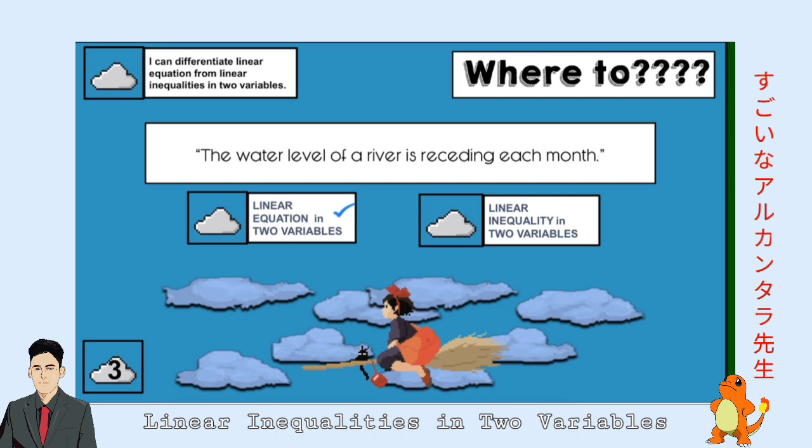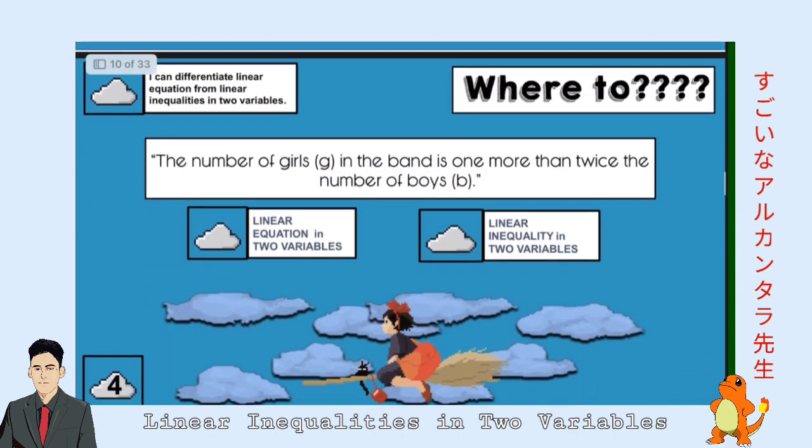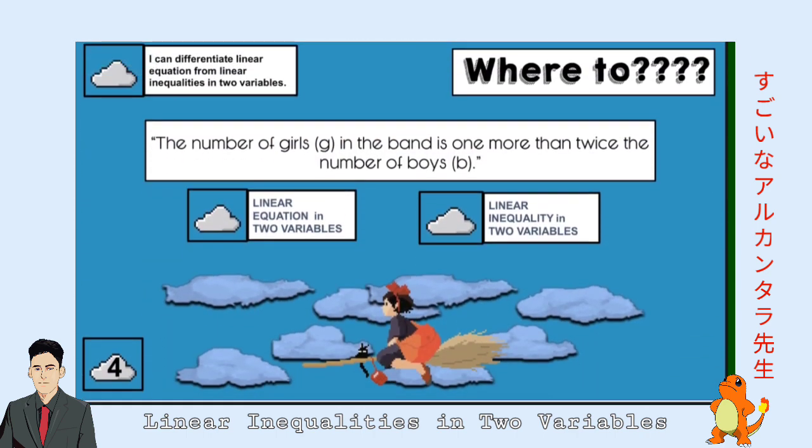So let's continue. It says here, the number of girls in the band is one more than twice the number of boys. So you might think, oh, there's the words more than. Does this mean the greater than symbol? No. More than could also mean addition. So again, using the explanation that was given from the previous example, you have to understand whether we're comparing things or not.